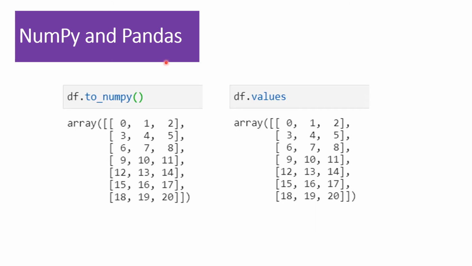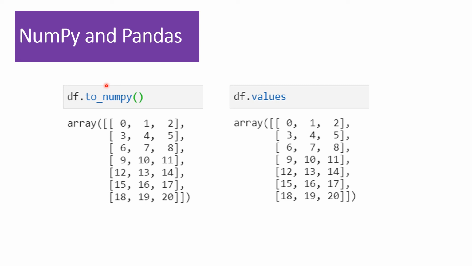Before, we generated a Pandas data frame using NumPy arrays. We can do it the other way as well. That means it is possible to convert a Pandas data frame into a NumPy array.